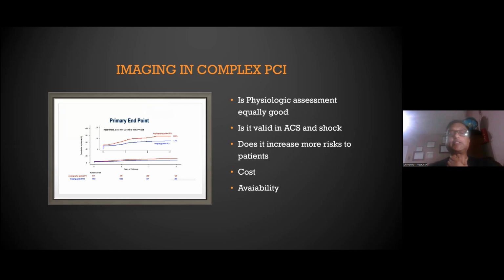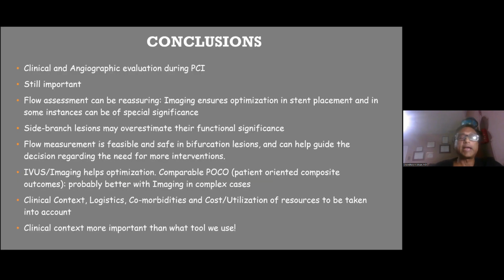So physiology is important, anatomy is important, clinical context is important, but also we need to make sure that we are familiar with these tools and use them in our favor to rectify the issue as we identify it, considering availability and cost. And when we do all that, then the patient-oriented composite outcome is going to be better, and that is what we look for.